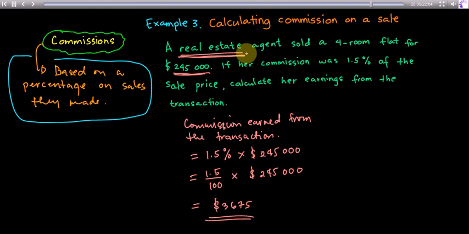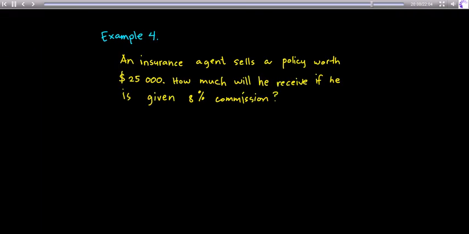Now let's take another example. An insurance agent sells a policy worth $25,000. How much will he receive if he is given 8% commission? How could we compute it?